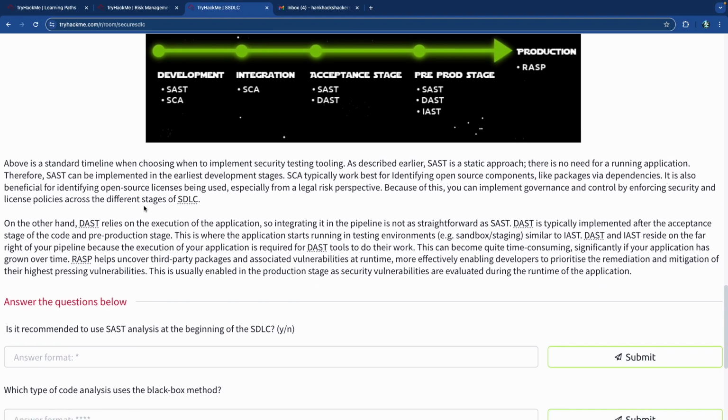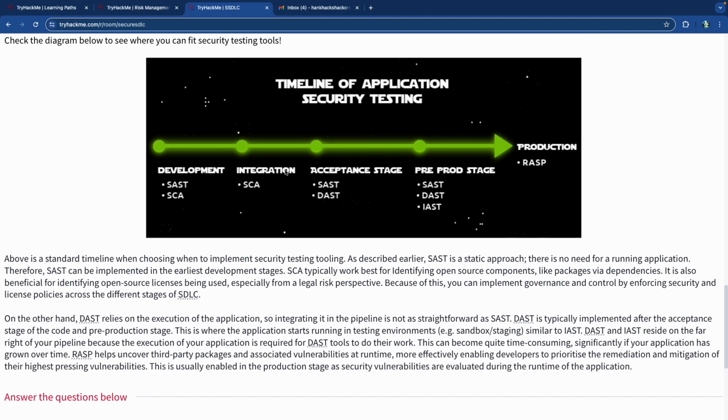So it's a good thing to have an understanding of, that you would do static while it's being developed. You look at source code analysis while it's being developed. While you're being integrated, you look at source code analysis. While you're trying to accept whether or not this thing is actually going to be sent into compiling and production, you would now start doing dynamic analysis, and you run the code in a controlled environment, as well as static analysis.